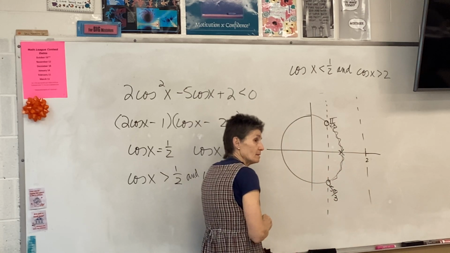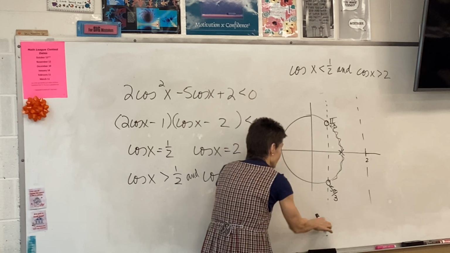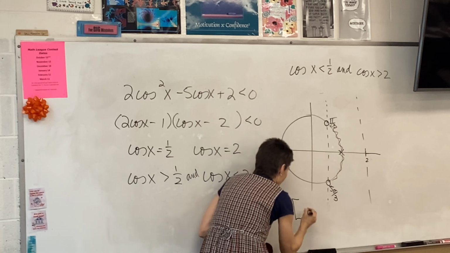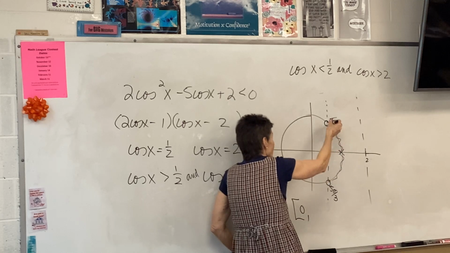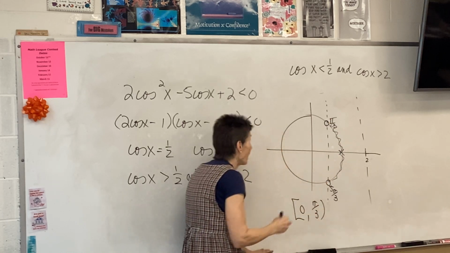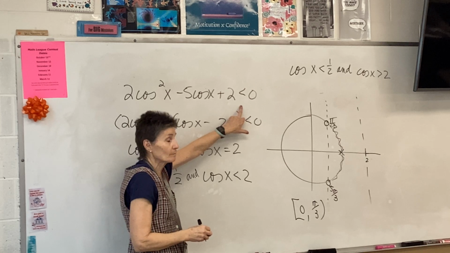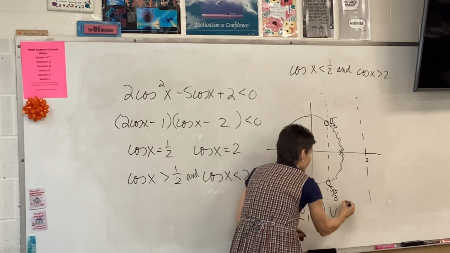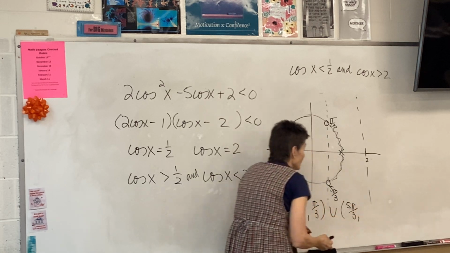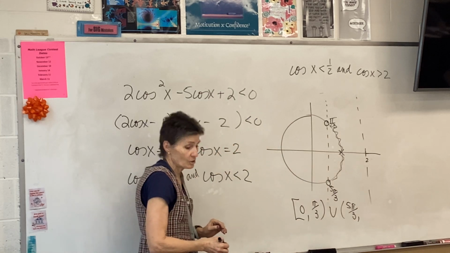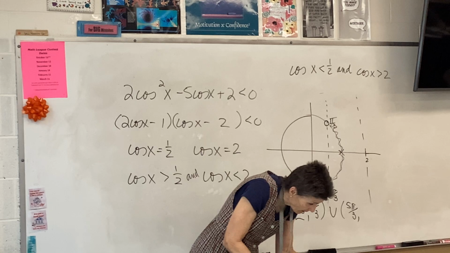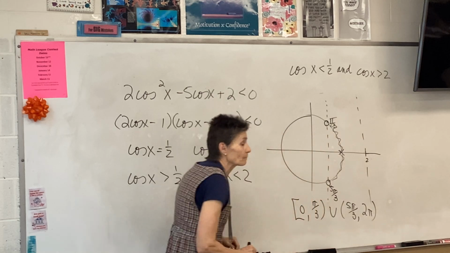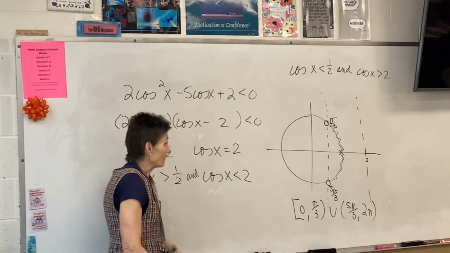So what's shaded is 0 shaded. Yes, that's a bracket. And I'm shading all the way until I get to pi over 3, which is an open dot because of the symbol. Keep going. I'm going to start again at 5 pi over 3 and shade all the way to 2 pi. And is 2 pi included? No. So I'll put open at 2 pi. Now that's case 1.